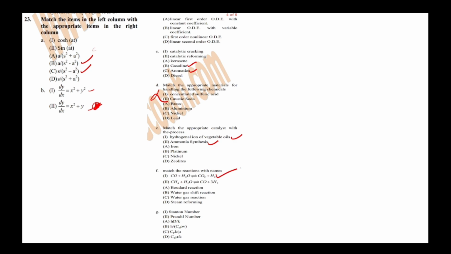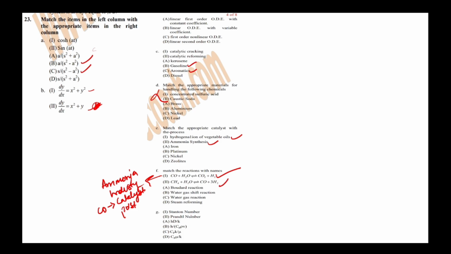This is the water gas shift reaction. It is conducted in the ammonia industry because CO is a catalyst poison, so it is converted to CO2. CH4, H2, CO2 is the water gas shift reaction.